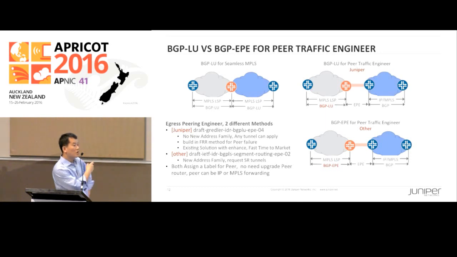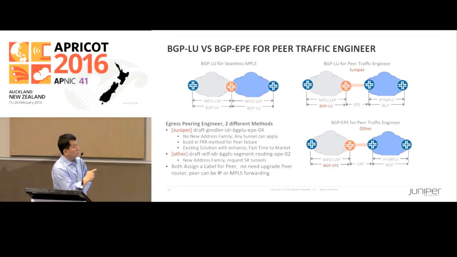BGP LU is already in the market. It has been deployable on any service provider's and any vendor's boxes for a long time. Everybody in mobile backhaul, Cisco, Alcatel, Juniper, any vendor, already supports this.